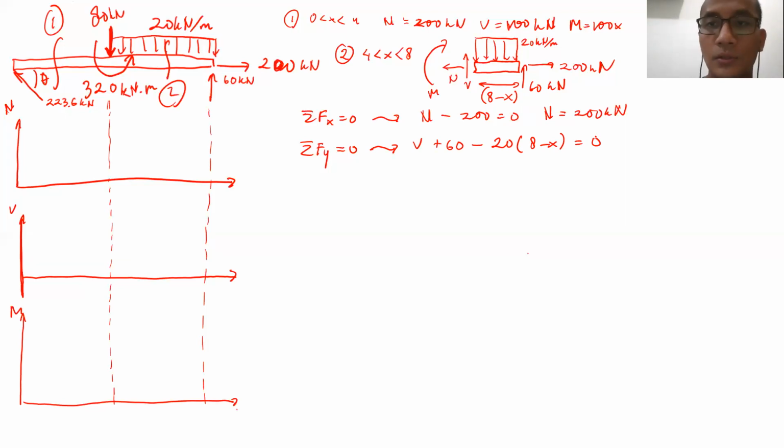So what I will get there will be V is equal to minus 180 plus 60, so minus 100 plus 100, minus 20x plus 100. That's our V.